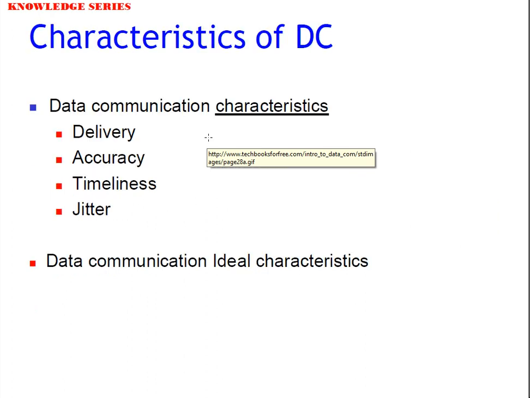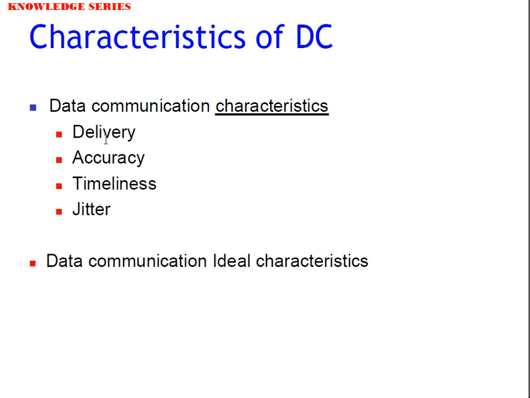Now we will see another segment about the characteristics of data communications. For the effectiveness of data communications, some components are considered fundamental characteristics for effective communications. The first is delivery.